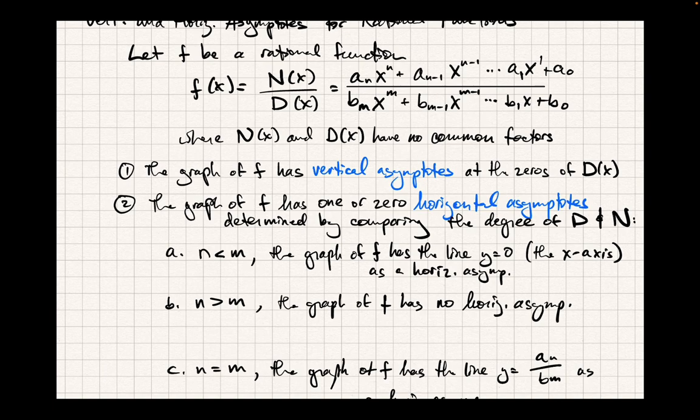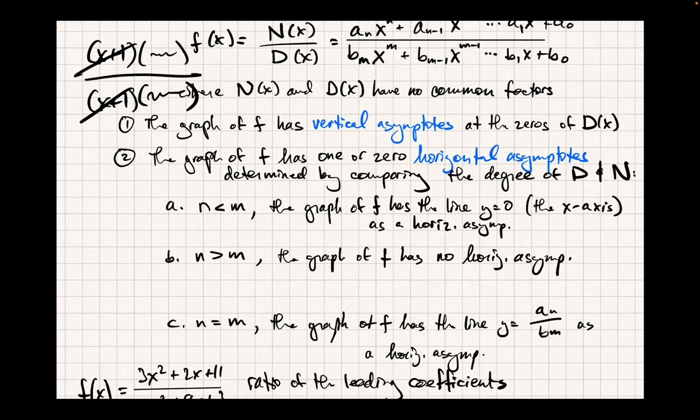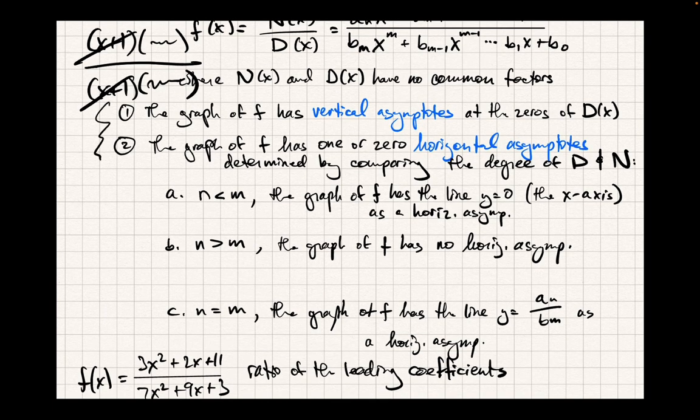If you have something that could be factored into x plus 1 times something else over x plus 1 times something else, you should simplify first. Once we're finished simplifying, then we can use these 2 rules and these 3 sub rules within rule 2.